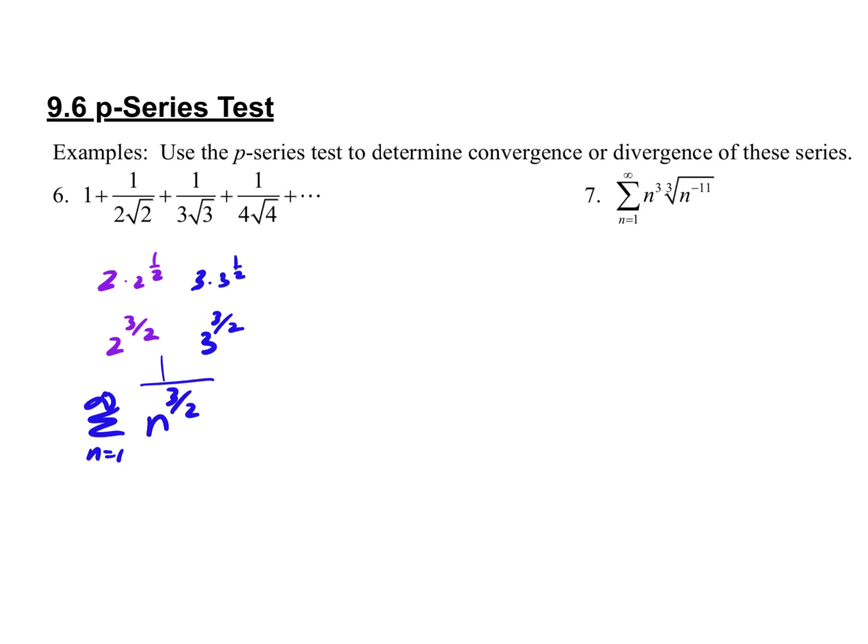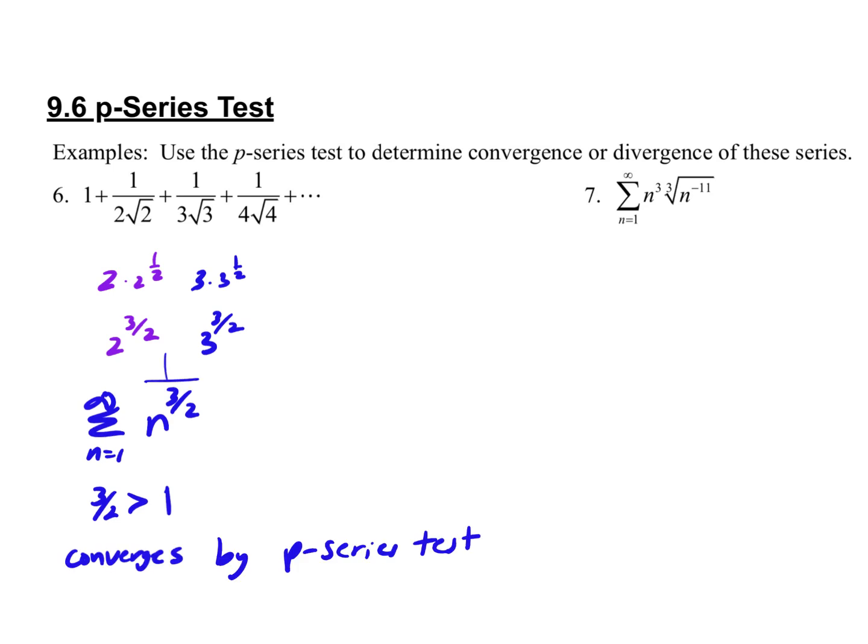Yeah, that's a fatal mistake right there. Anyway, this is going to converge because the power is greater than 1, and we're in good shape. And so I need to put that back in, a couple of mess ups today. 3/2 is greater than 1, therefore this series converges by the p-series test, okay?